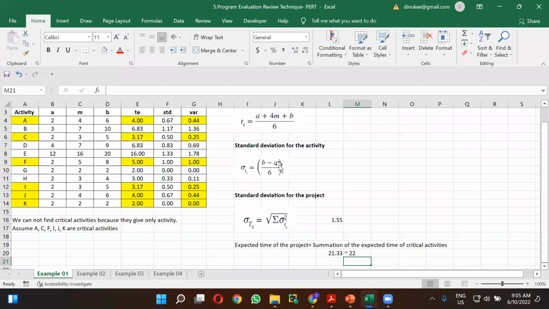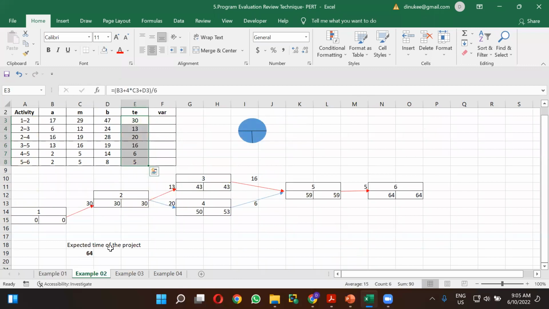So the variance for the activity is (b minus a) divided by 6, to the power of 2.